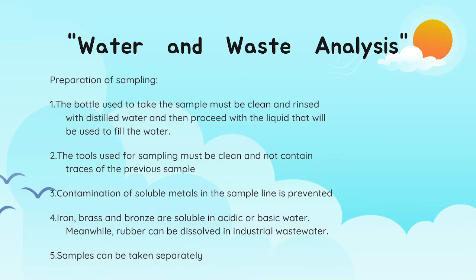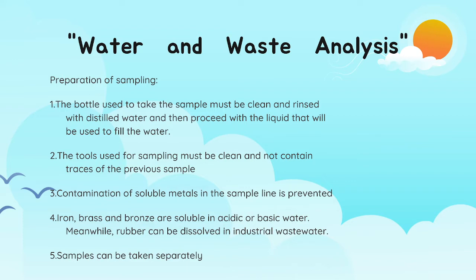In water and water analysis, preparation of sampling. First, the bottle used to take the sample must be cleaned and rinsed with distilled water, and then rinsed with the liquid that will be used to fill it. Second, the tools used for sampling must be clean and not contain traces of the previous sample.